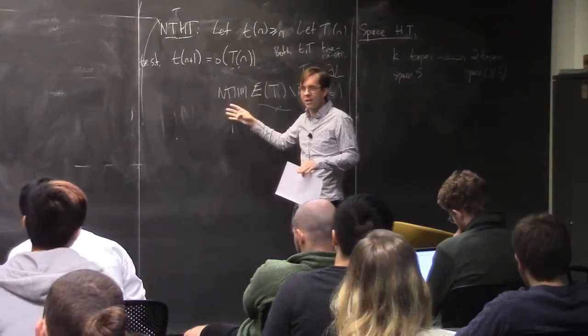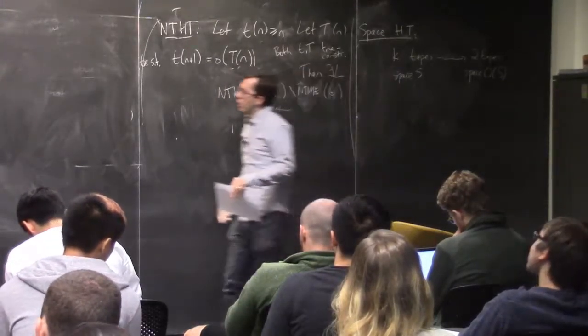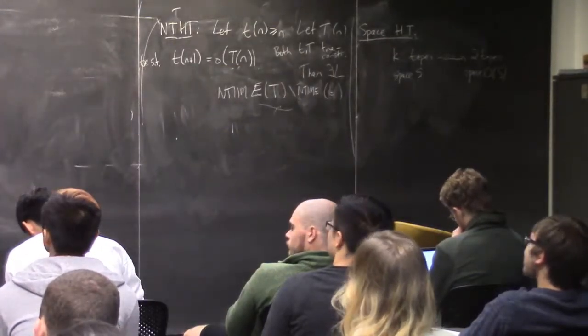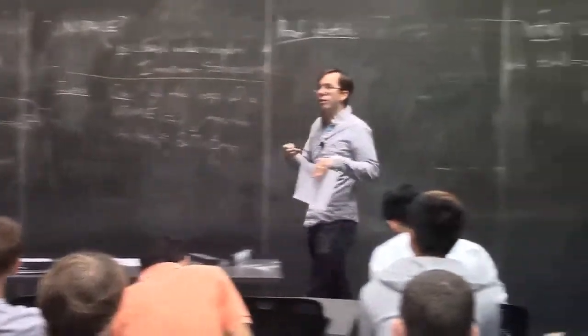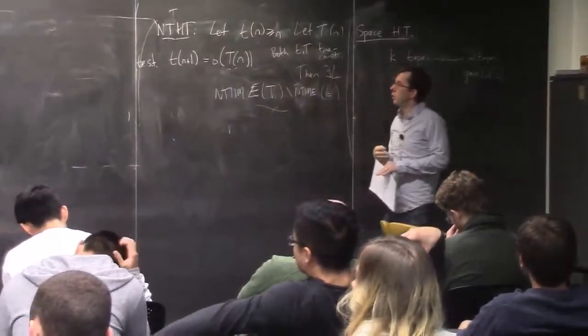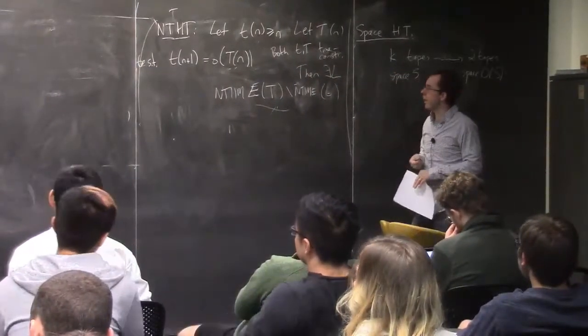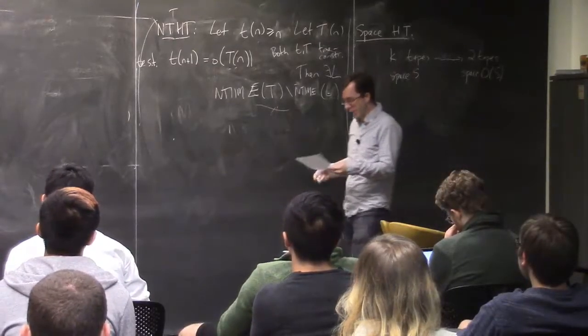That's also present in this theorem, but I'm going to skip discussing it. We're going to implicitly use the fact that you can simulate one non-deterministic machine with lots of tapes by another non-deterministic machine with 2 tapes with only a constant slowdown. I'll just give you the actual ideas in the proof, taking those for granted.